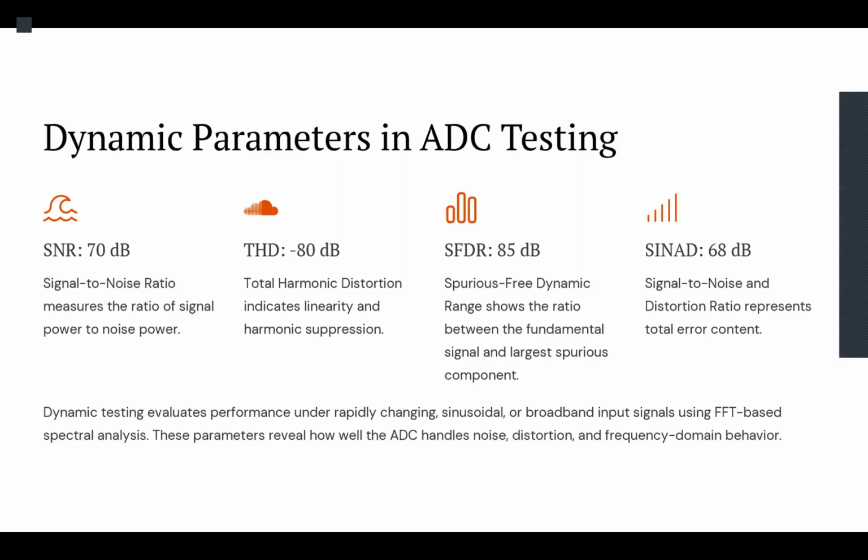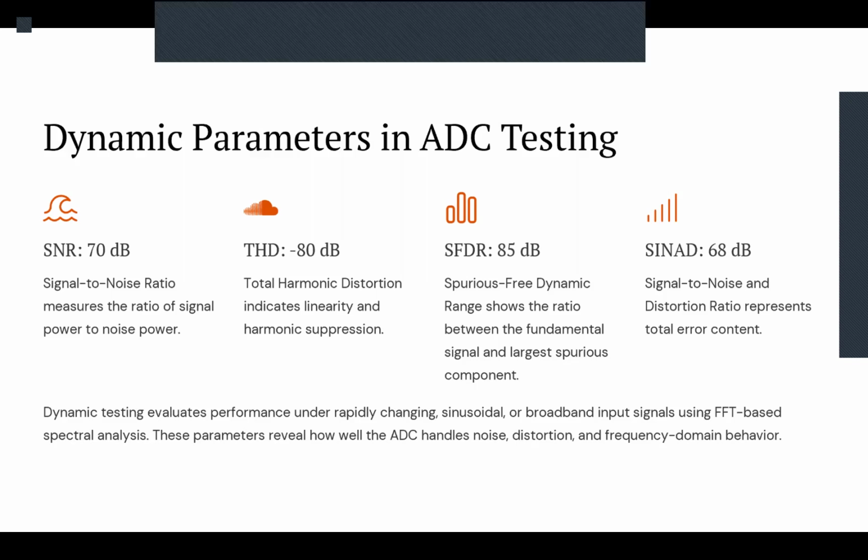Pay attention: all non-harmonic noise components. It's typically measured in decibels and shows how clearly the ADC can separate a clean signal from background noise. High SNR means better resolution and less random noise in the digital output.